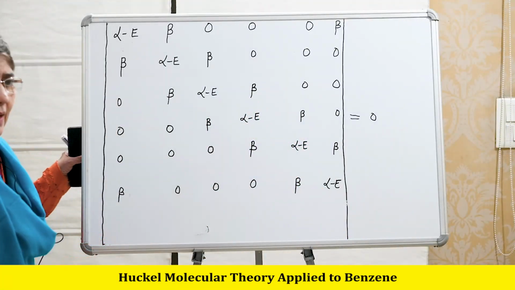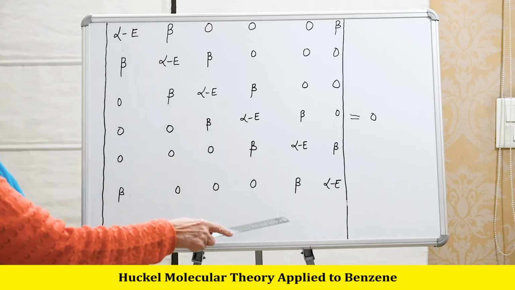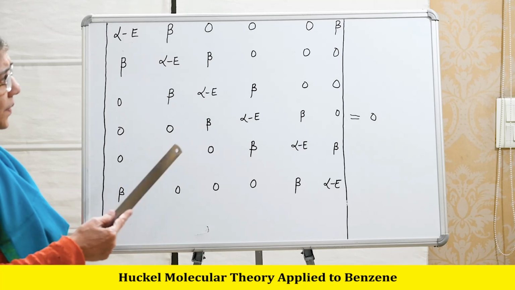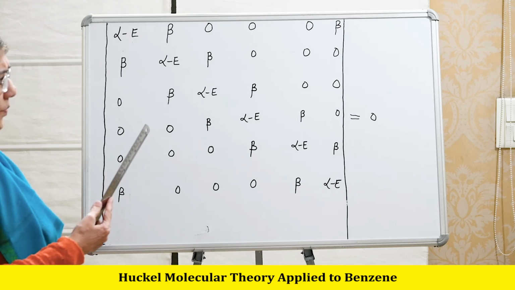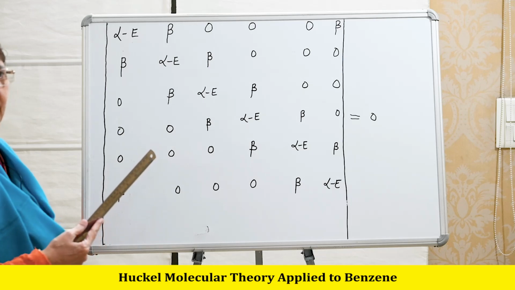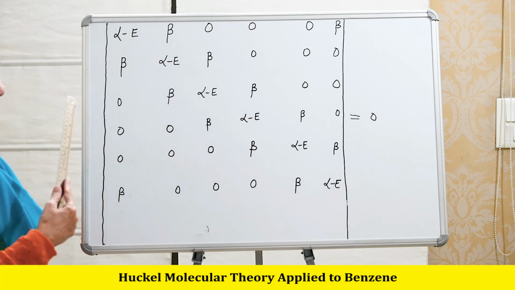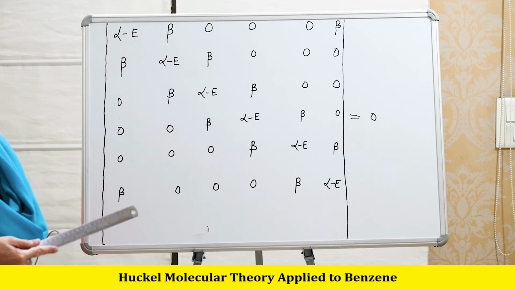When we apply the Huckel approximation, we get this circular determinant. The multiplication of the 6 by 6 matrix and the 6 by 1 column matrix of coefficients must be 0, but the matrix of coefficients can't be 0, otherwise it gives the trivial solution.